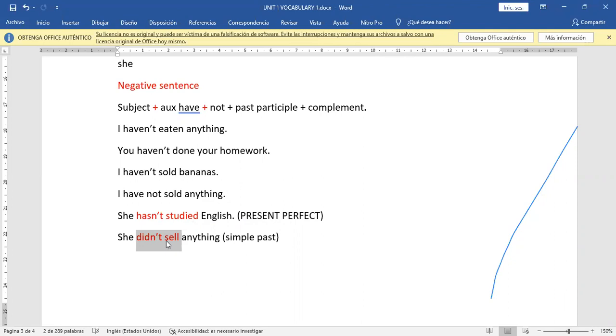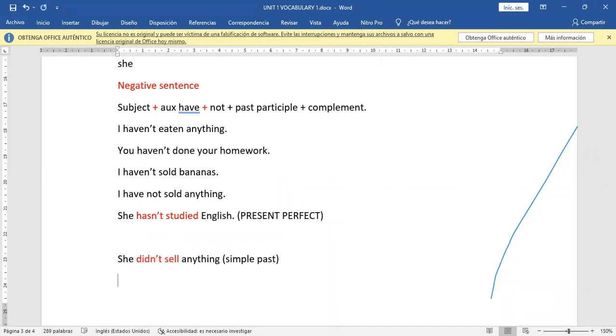Que es, he comido, he trabajado, he jugado, no he vendido, no he lavado, no he cocinado. All of them are present perfect. Y ese present perfect trabaja con have, has, past participle. El simple past no lo utilizamos.